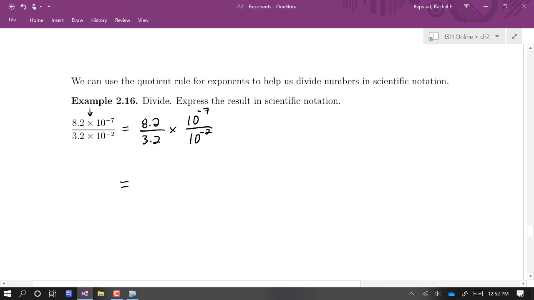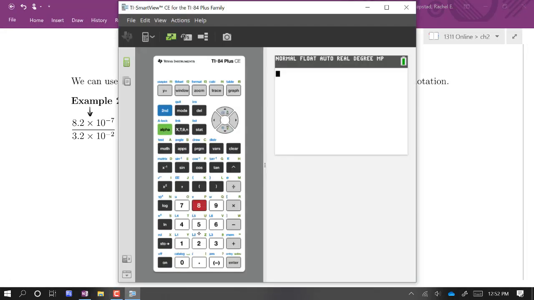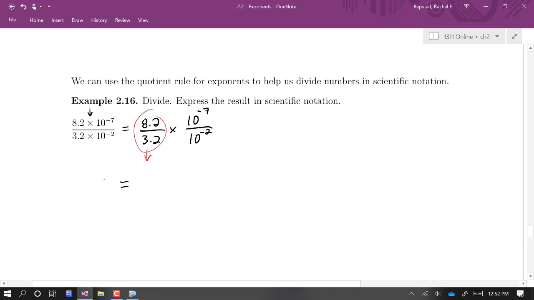Now here, I'm actually going to use a calculator to do this division, because I can't do that first one in my head. So 8.2 divided by 3.2 is 2.5625.